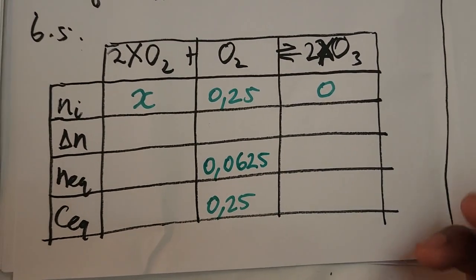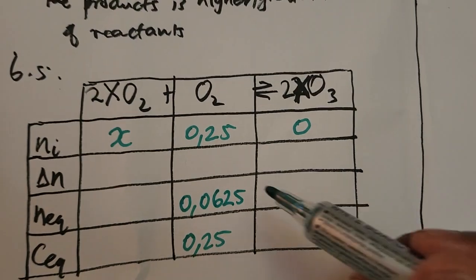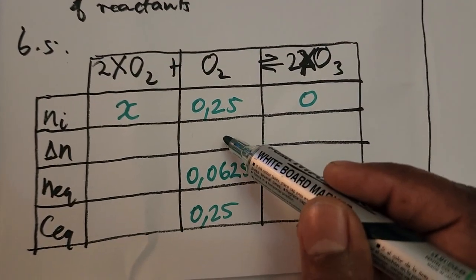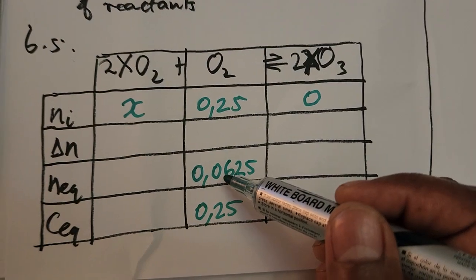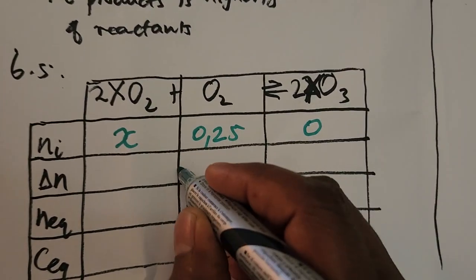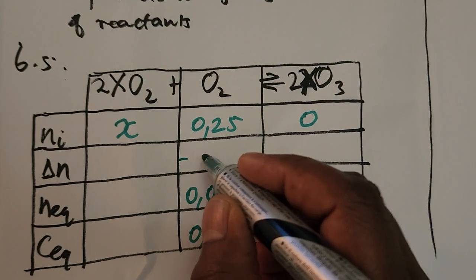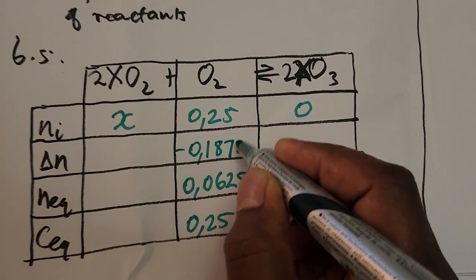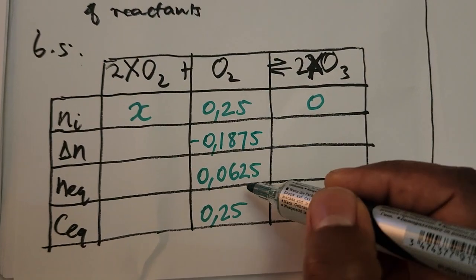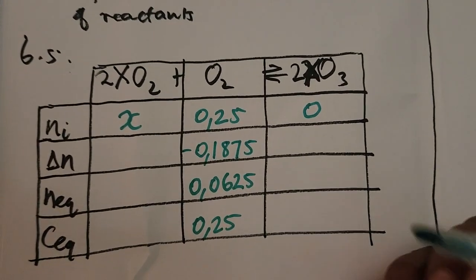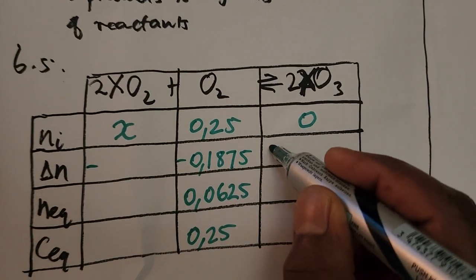If you multiply it by 1/4, you will get 0.0625. Now I started with this one. I don't know how much I've used, but I end up with this. Therefore I must have used 0.1875. You just say this one minus this, it will give you this. This will be negative, this will be positive.